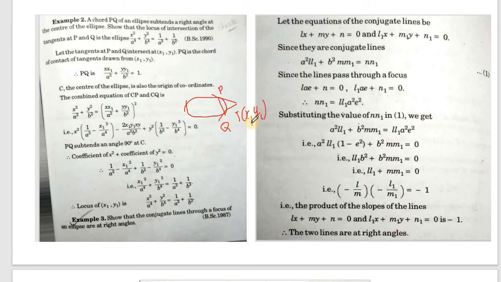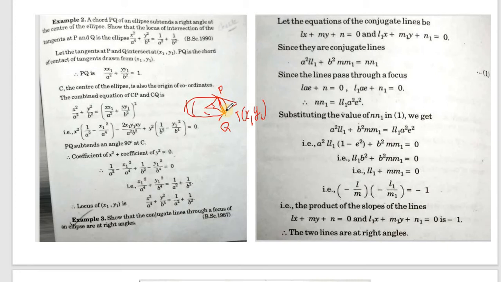If we have to find the locus of any point, then some condition is to be given. The condition given is the chord PQ subtends a right angle at the center of the ellipse. Center of the ellipse is nothing but C of 0, 0. So this chord we now have to consider, and the ellipse is known to us.